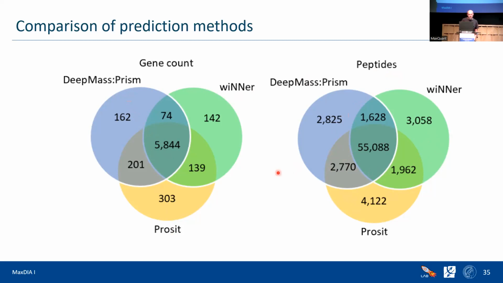Essentially, it doesn't matter. Although we know that winner, in terms of correlation coefficient between true and predicted spectra, is a bit worse than the deep learning methods. We can see that although that is the case, undoubtedly, the actual DIA performance, so if you apply any of these in the DIA workflow, is actually not changing much, right?